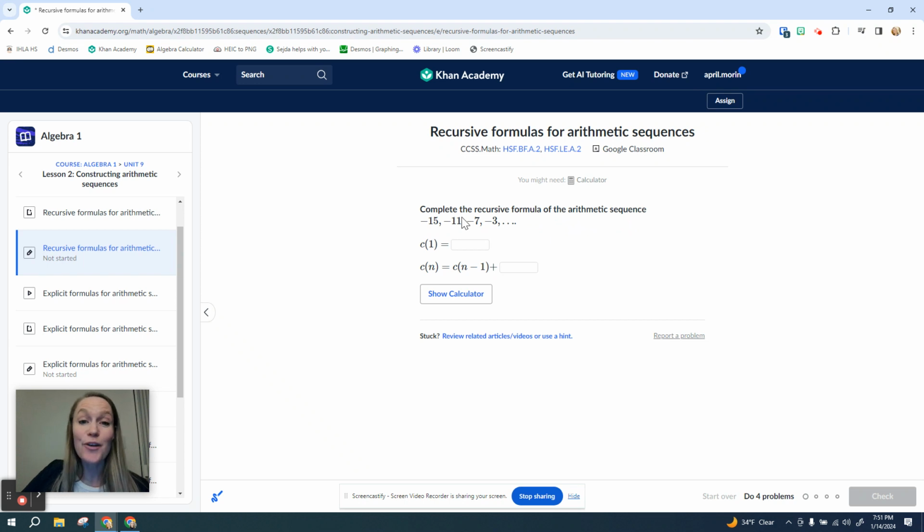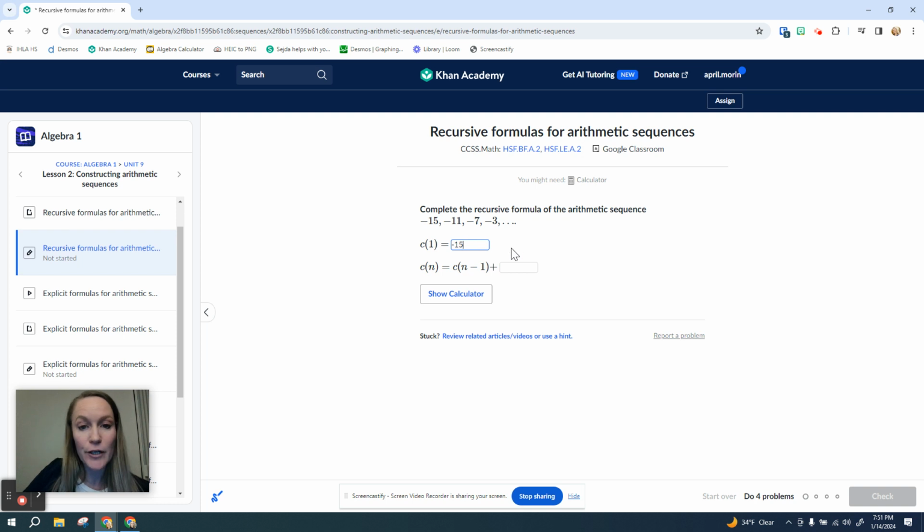Okay, so now they're giving us the sequence and we have to determine what the formula is. Okay, so we need to know what the first term is. Well, that's easy, right? That's negative 15 right there. So this is my formula. The n minus 1 means take the one before. If I want the second term, I'm going to take the first term.